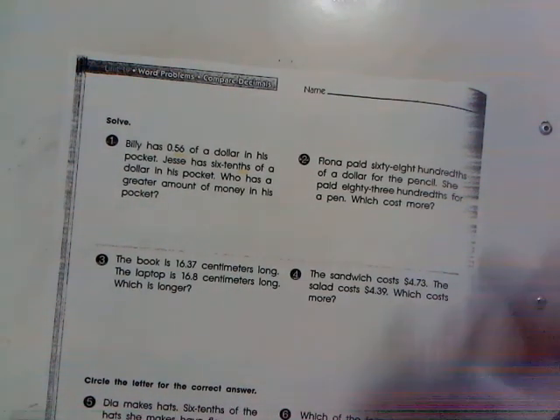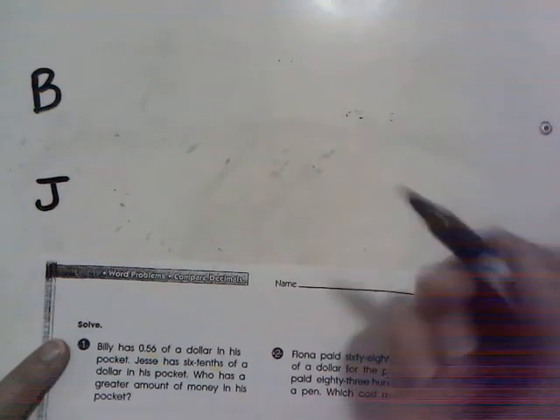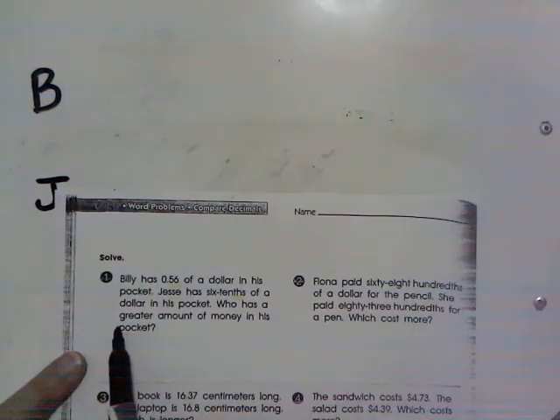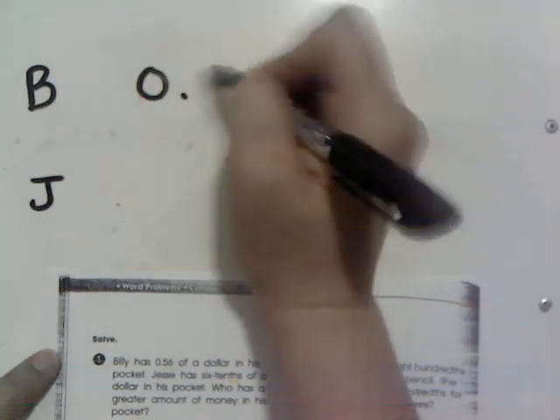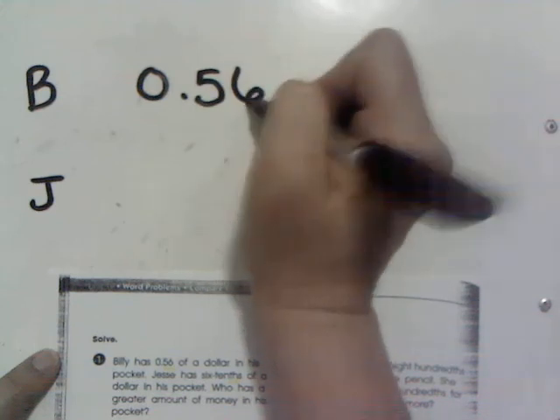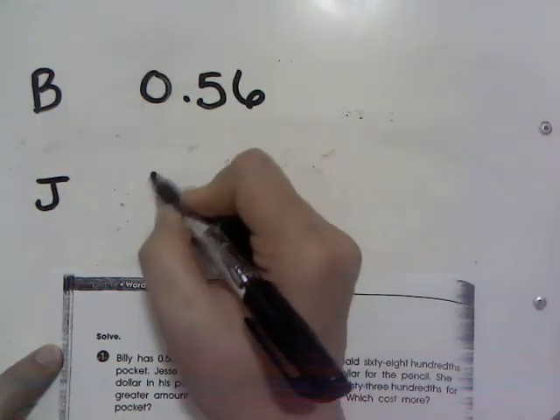So let's think about this. Here's Billy, and there's Jesse. Now we're comparing their values because of this word right here, who has greater. That's a comparison. So Billy has this amount. Jesse has this amount.